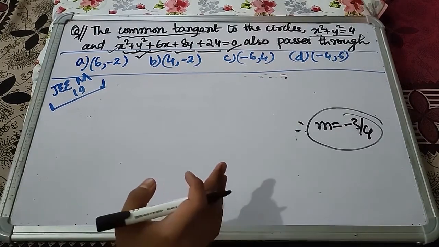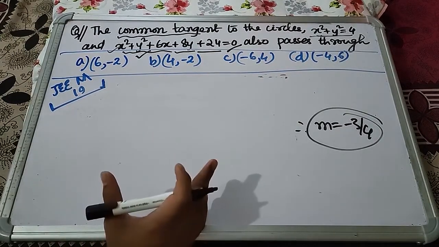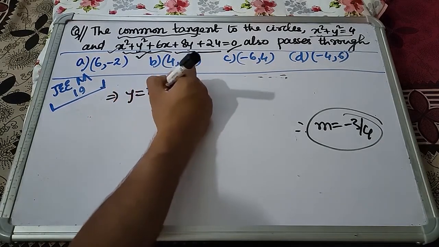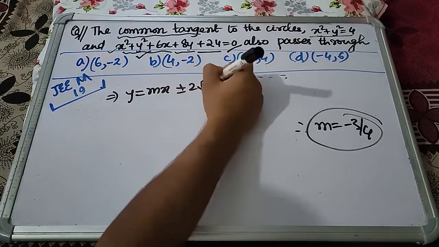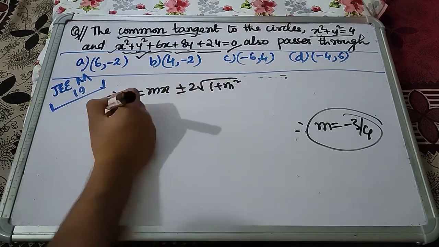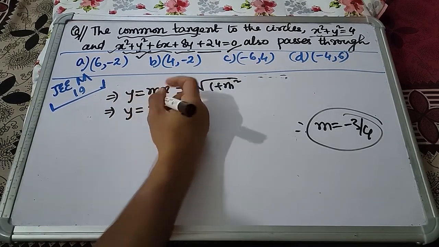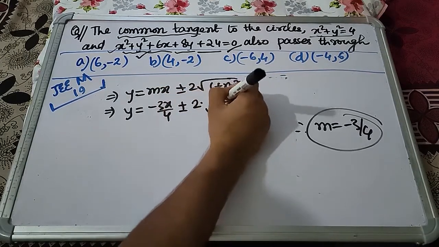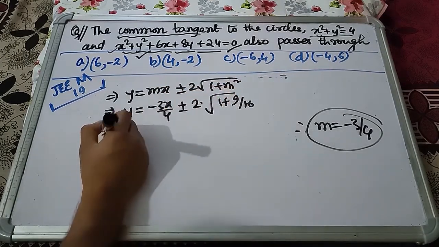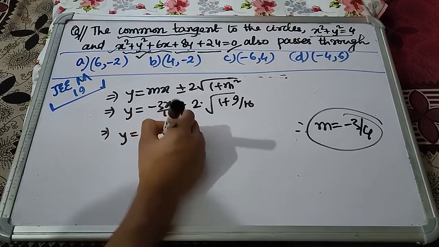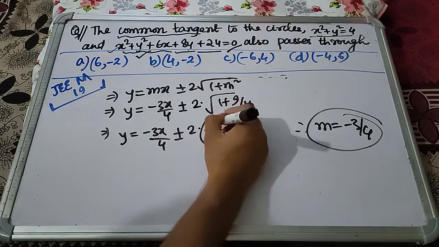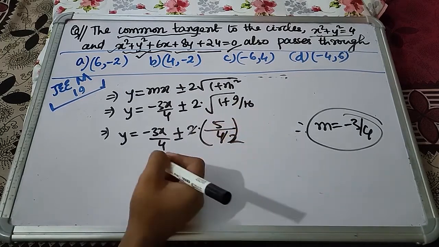Now we need to apply this value of m to any of the equations of tangent we already formed. So we use it in the easier format, which was this: plus minus 2 into root under 1 plus m square. This one was actually smaller. So minus 3x by 4 plus minus 2 into root under 1 plus 9 by 16. So this is y equals minus 3x by 4 plus minus 2 into, this becomes 4 and this is 5, 2.